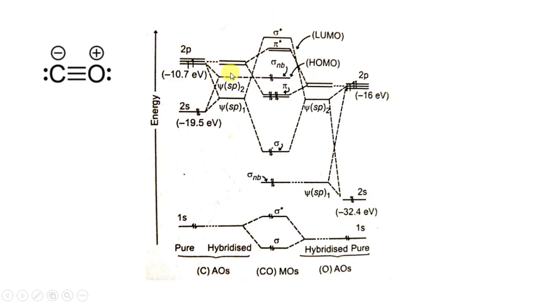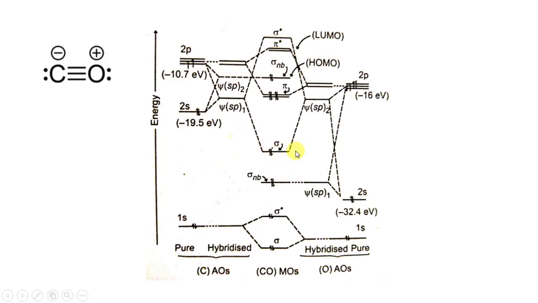And these unhybridized pure p orbitals of carbon and oxygen will overlap to form pi bonding orbitals and pi anti-bonding orbitals. Now if we place 14 electrons from lower to higher energy level, first it will occupy this sigma bonding orbital, then this sigma star anti-bonding orbital, then this non-bonding orbital which will become a lone pair over oxygen finally.